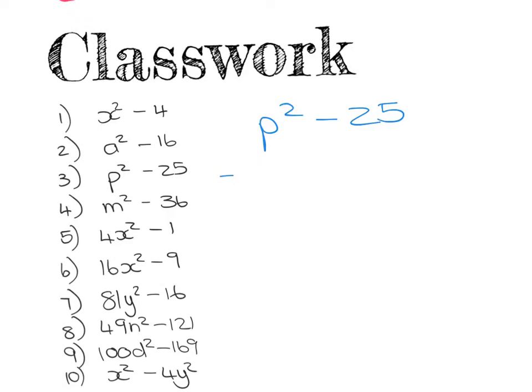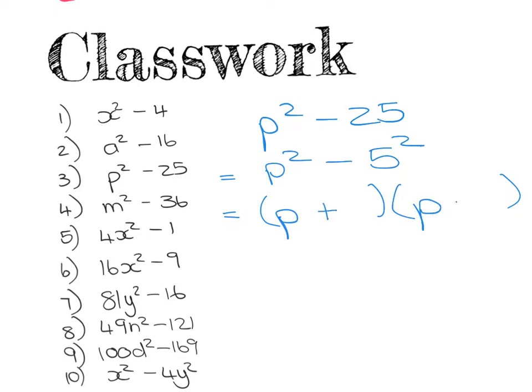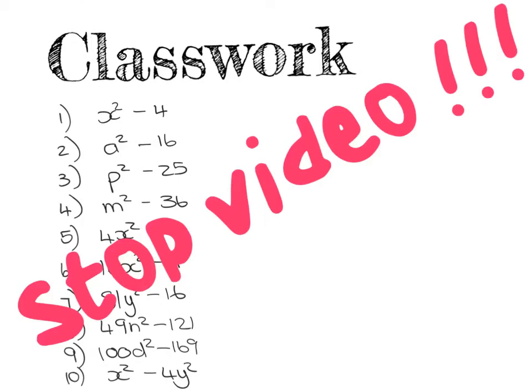Okay, number 3. This is p squared minus 5 squared. And this will be two brackets: p times p, plus and minus, 5 times 5. Do number 4 now.